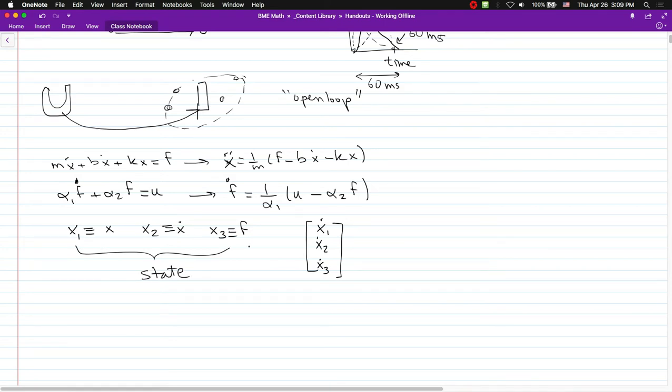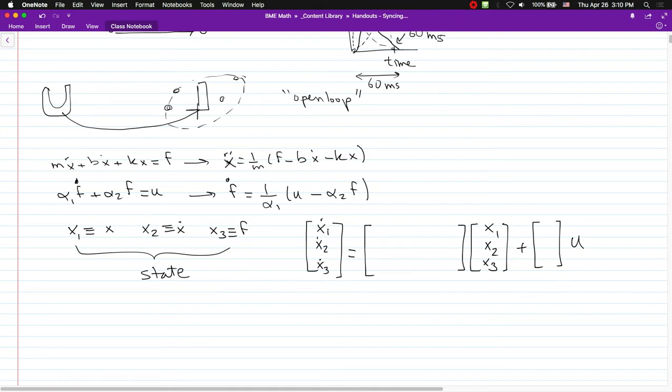Position, velocity, force. That's the state of my system. The change in that state I will write as a function of the state plus some function of the input u that you gave. So that's what I will need to fill out.